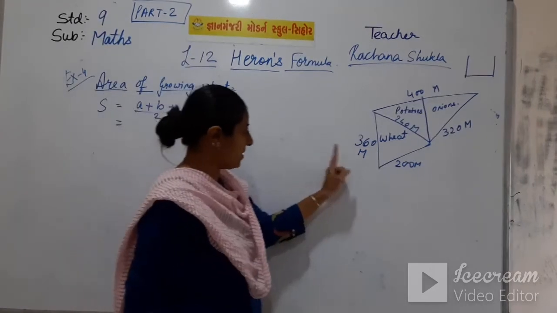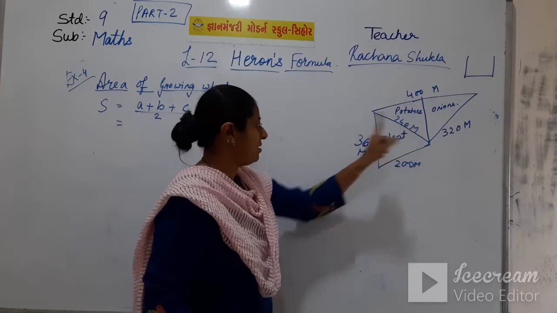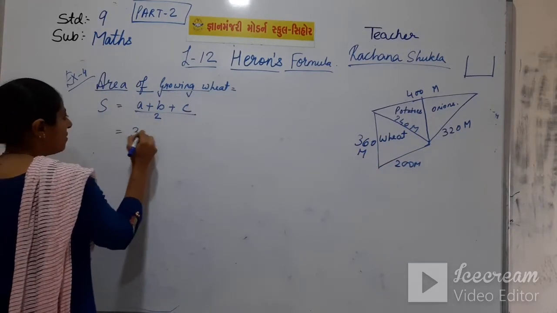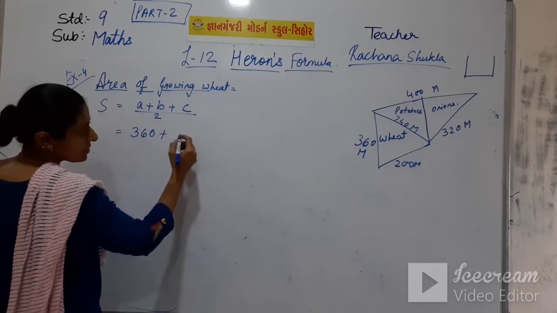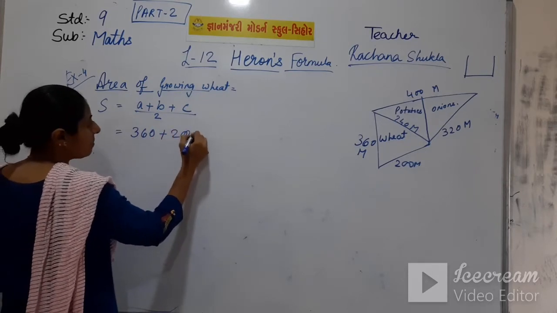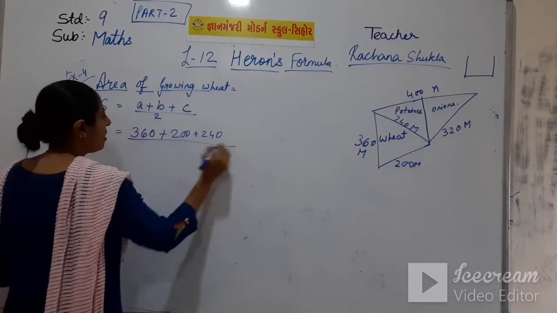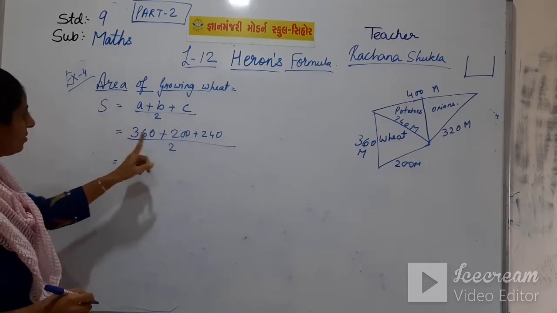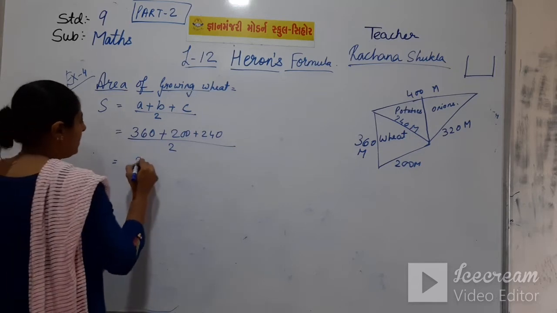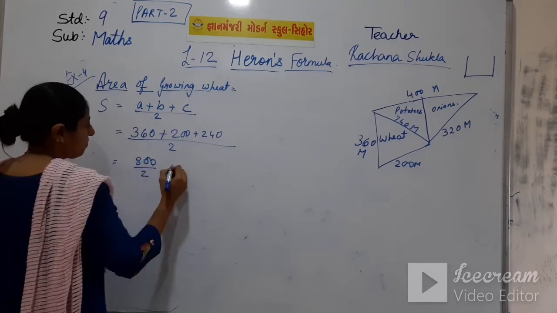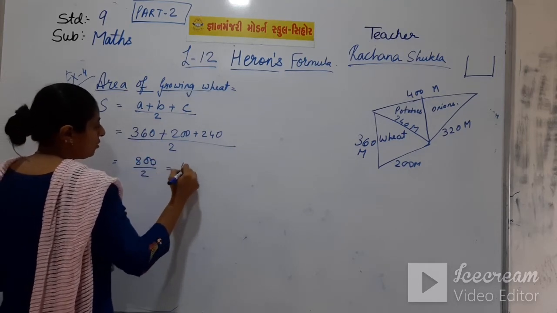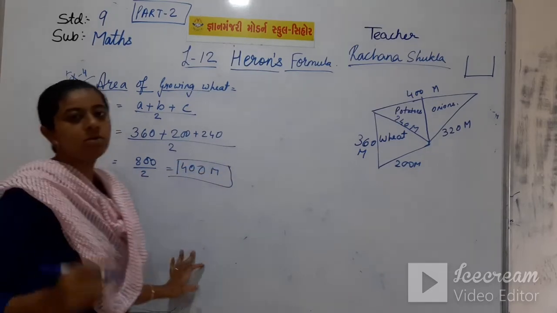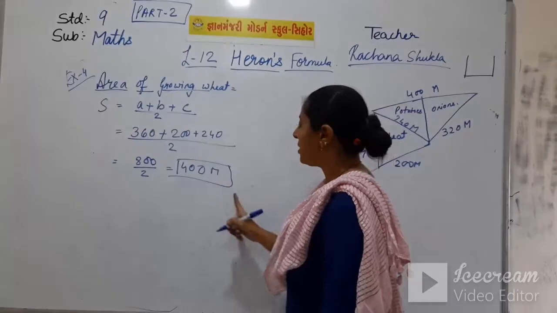What is A plus B plus C? A, B and C, that is 360 plus 200 plus 240 upon 2. What will be the total? 800 upon 2 is equal to 400 meter. What you got is 400 meter.